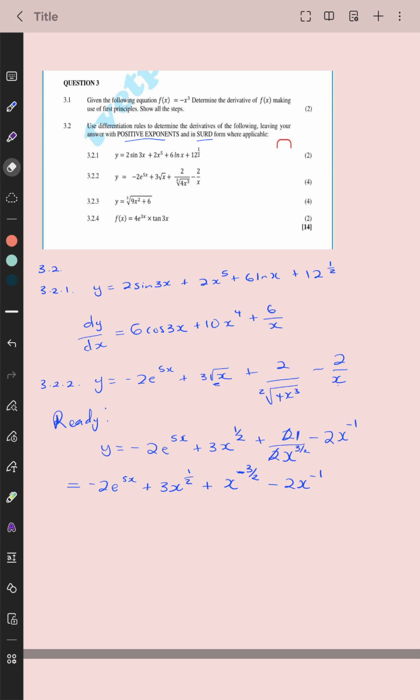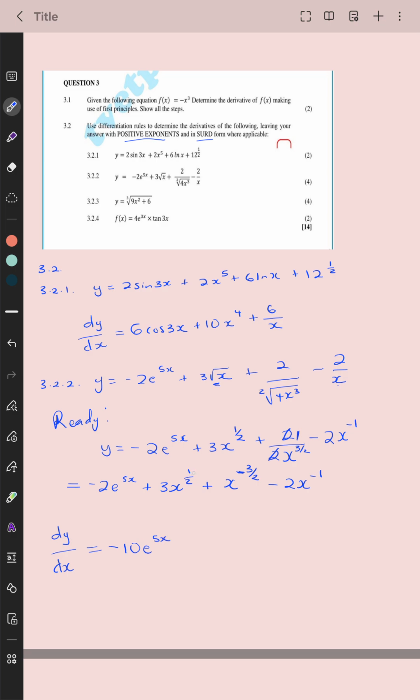We can start with our derivative. So now we are looking for dy over dx. Let's go. -2e power 5x. What do we do? We multiply the 5 times the -2. I have -2 times 5 is -10e power 5x.